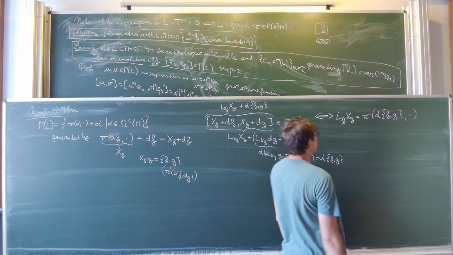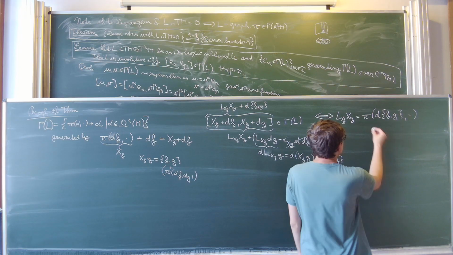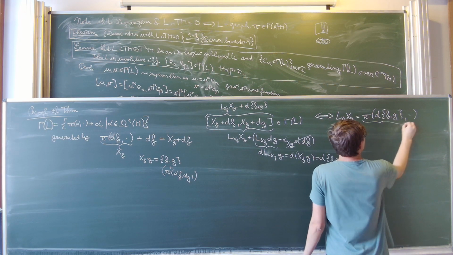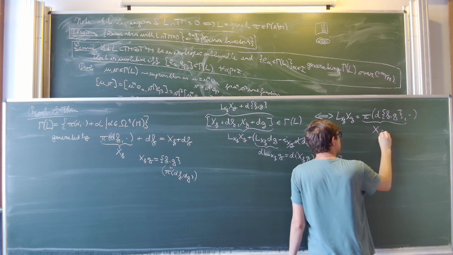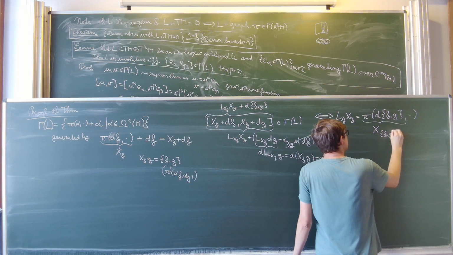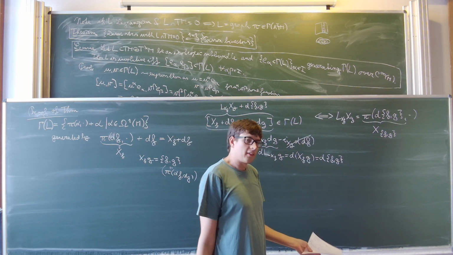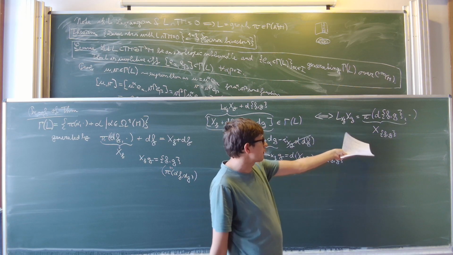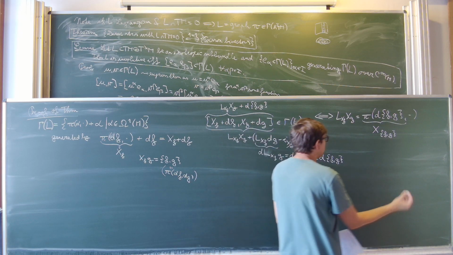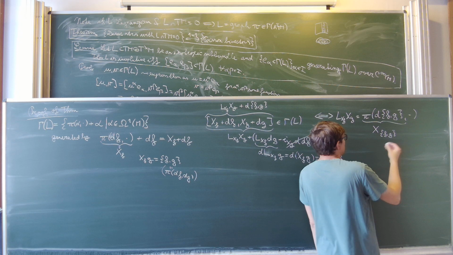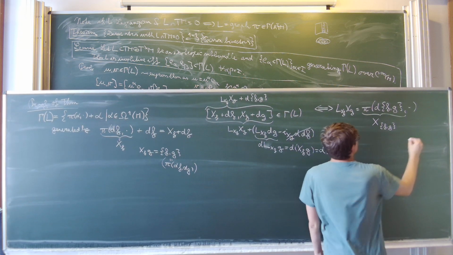Now let's look at it a little bit more. On the right hand side, this is simply the X of the Poisson bracket of f and g. And this thing is really the commutator vector field. So we have a vector field on the left and a vector field on the right. How do we check when they are the same? Let them act on something.